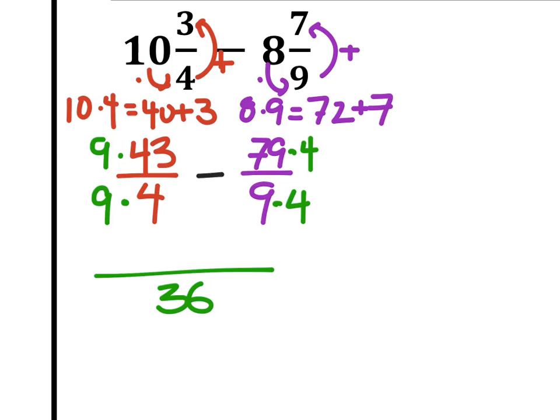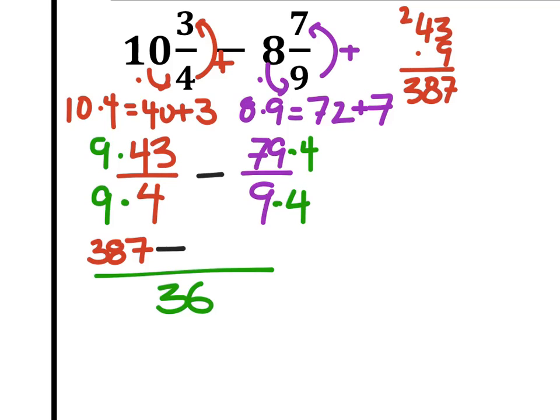But then, yeah, we got some kind of big multiplication right here, right? I got 43 times 9, which would be 27. Carry the 2. 9 times 4 is 36 plus 2. It's going to be 38. So that's 387. That would have been 387 36ths.